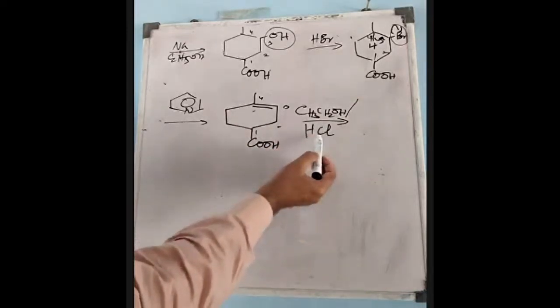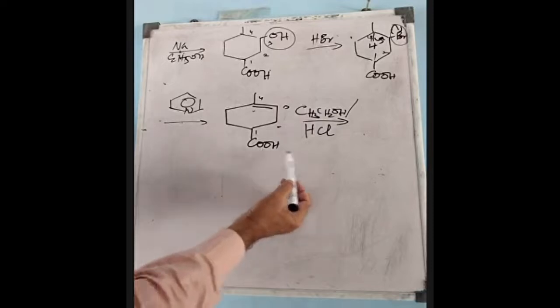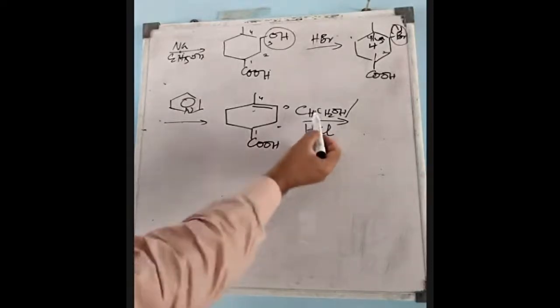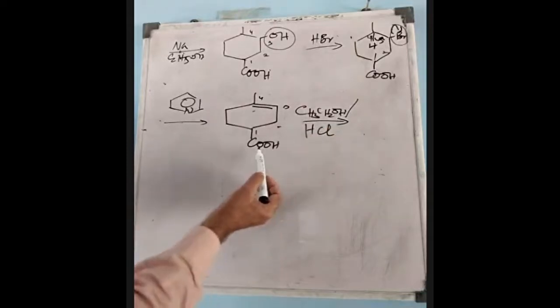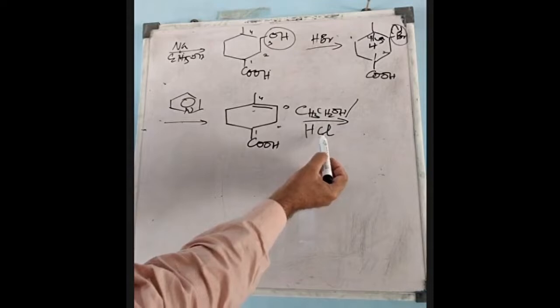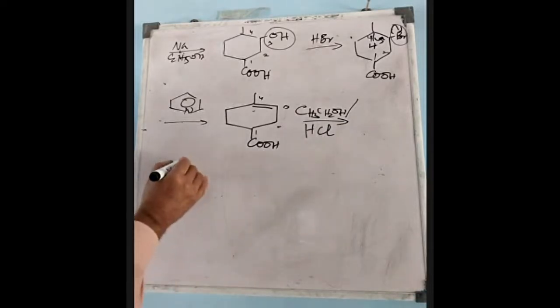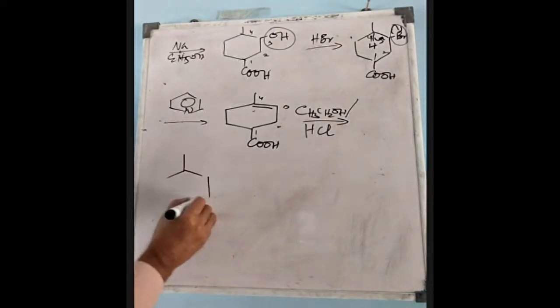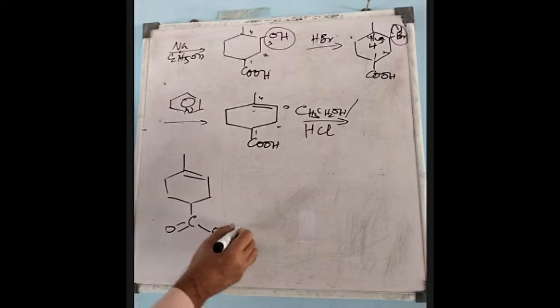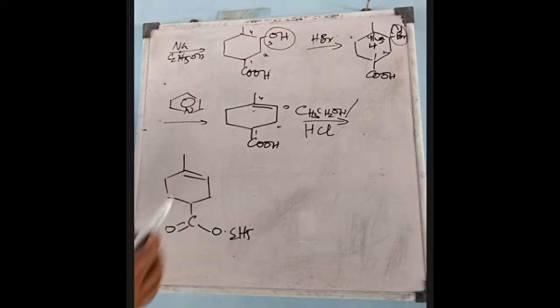If you use methyl alcohol plus hydrochloric acid, methyl ester is produced. If you use ethyl alcohol plus hydrochloric acid, ethyl ester is produced. If you use propyl alcohol plus hydrochloric acid, propyl ester is obtained. So now we have used ethyl alcohol plus hydrochloric acid, so at this position the carboxylic acid will be esterified. Here we can write it this way, the ethyl ester.